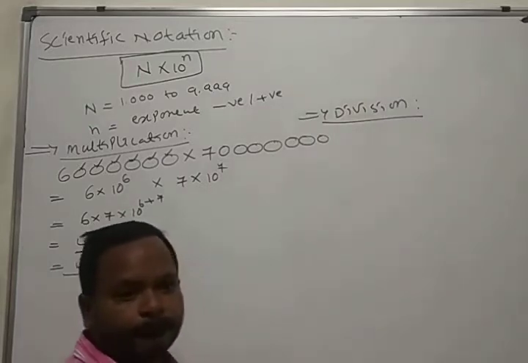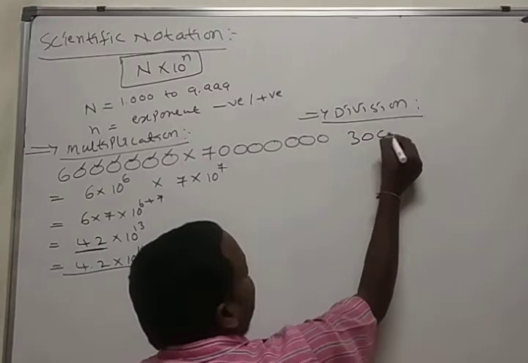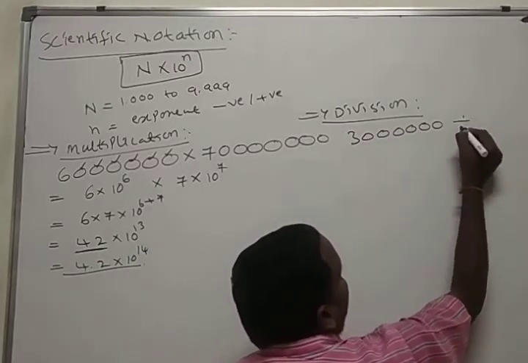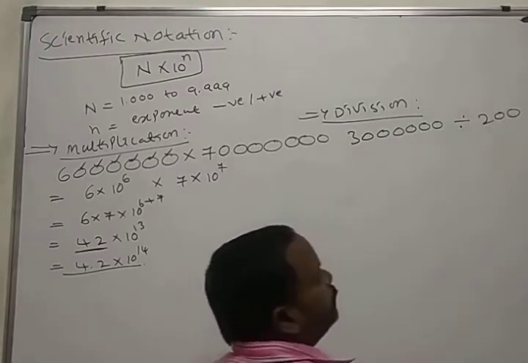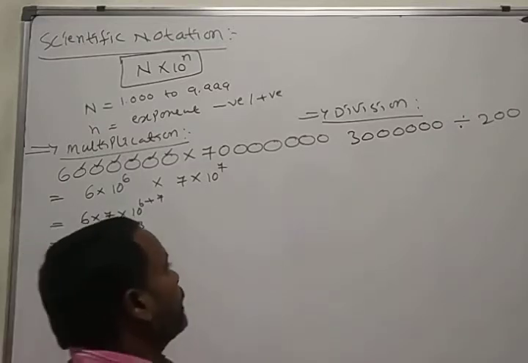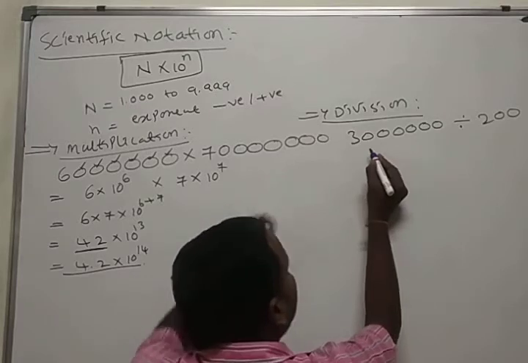Yesterday we saw it, but here you take any number. It is division with 200. Write both in scientific notation form.